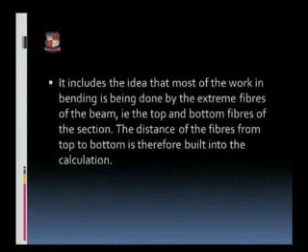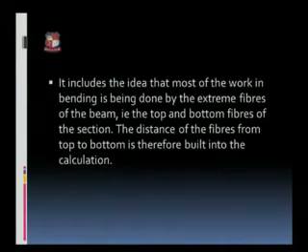Okay, it includes the idea that most of the work in bending is being done by the extreme fibers of the beam, that is the top and the bottom fibers of the section. The distance of the fibers from the top to bottom is therefore built into the calculation. Now, what does this PPT want to say?